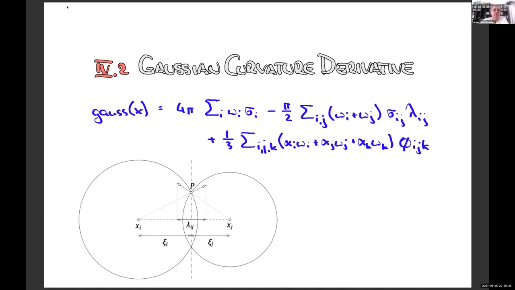I wanted to say a few words also about the Gaussian curvature derivative. To begin with, I would like to mention, just in order to avoid confusion, that the Gaussian curvature, of course, obeys the Gauss-Bonnet theorem.